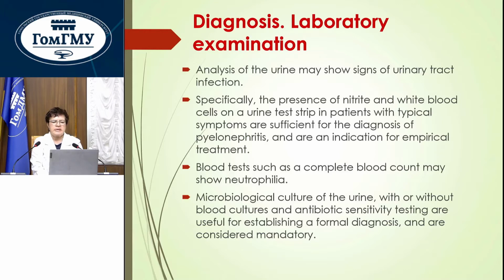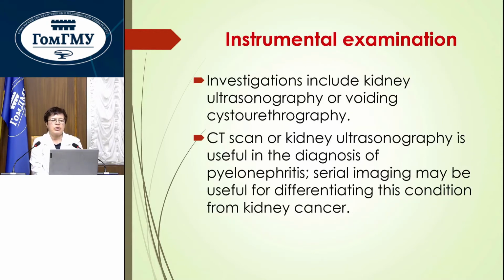Blood tests such as a complete blood count may show neutrophilia. Microbiological culture of the urine with or without blood cultures, and antibiotic sensitivity testing are useful for establishing a formal diagnosis and are considered mandatory in this situation.